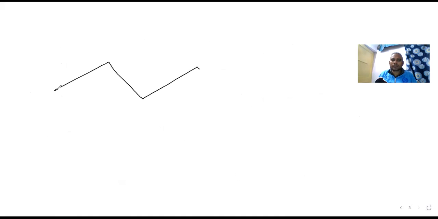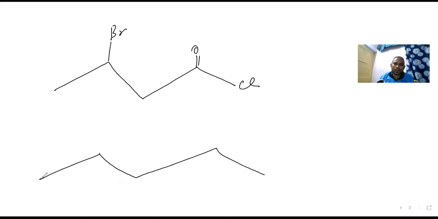Let us try to understand the name of some other compound. C double bond O Cl, tell me the name of this compound. Here Br is also there.